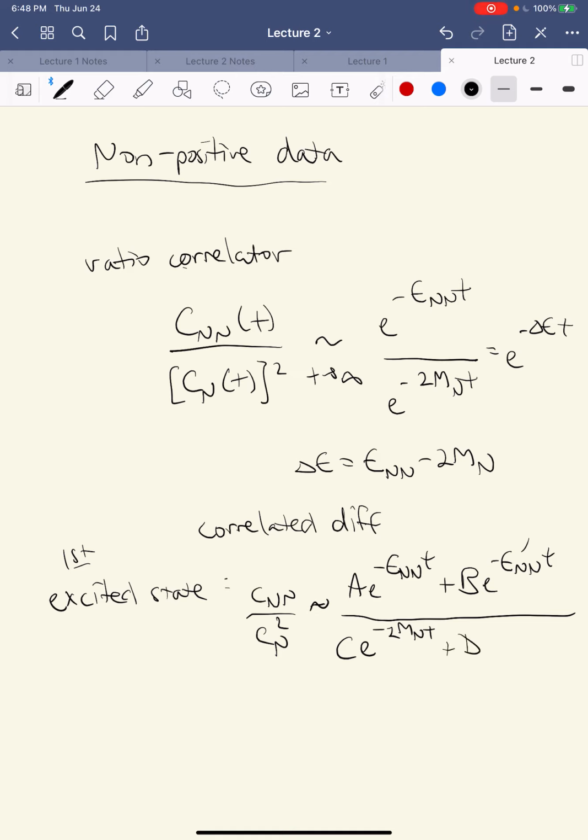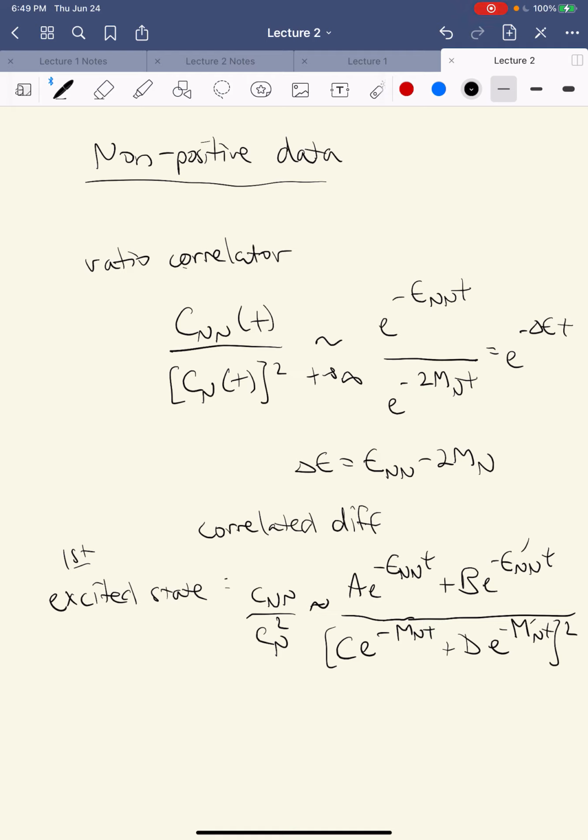And then in the denominator, oh wait, hang on, I need to square it after I'm done. Then we also get some excited nucleon mass, and I'm going to square that.